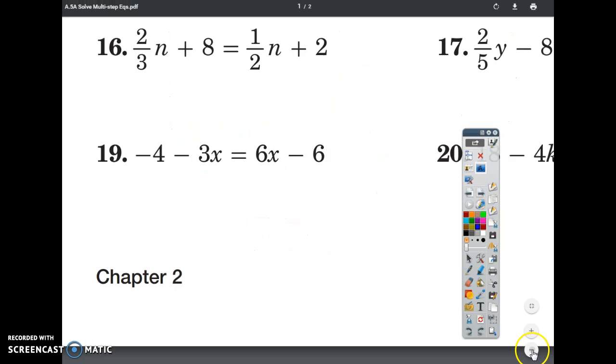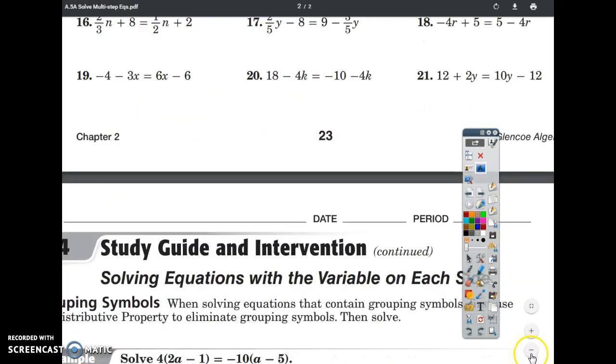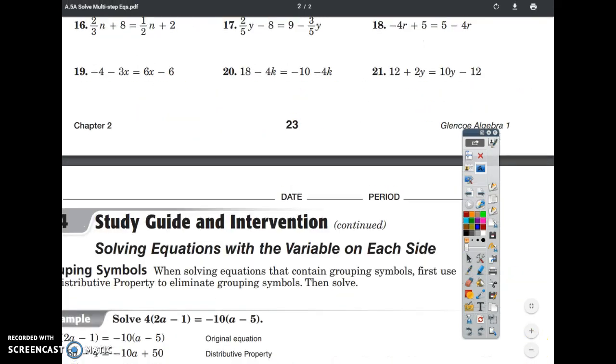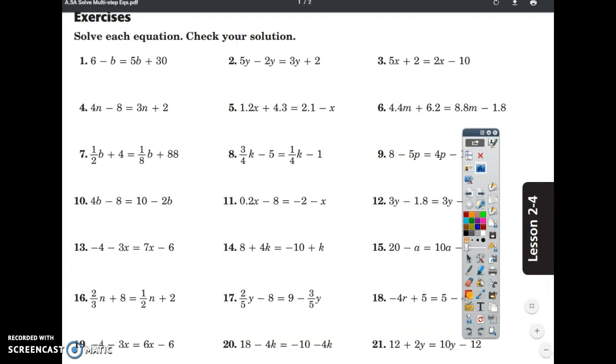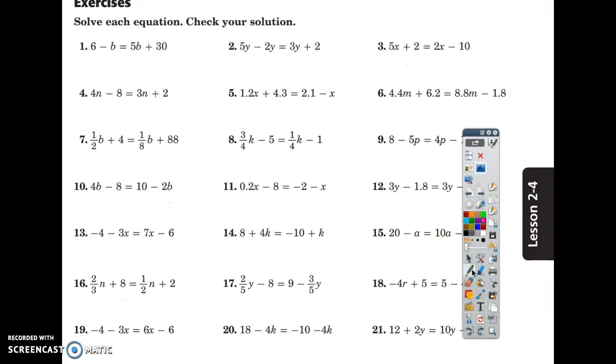On this page, I don't want you to do all the problems, so let me tell you which ones we're going to do. I already did number 6, number 12, and number 16. I want you to do the rest of the even numbers.